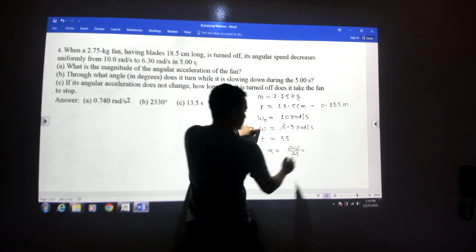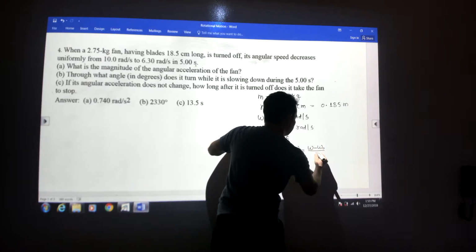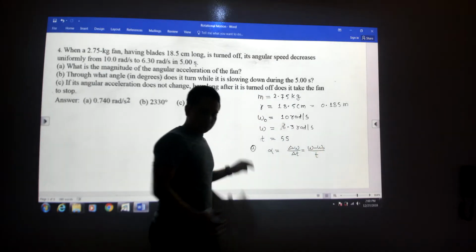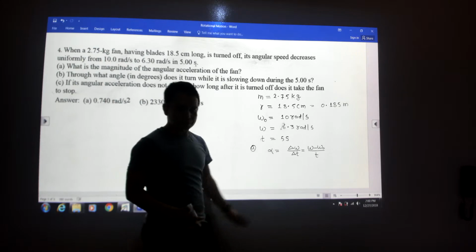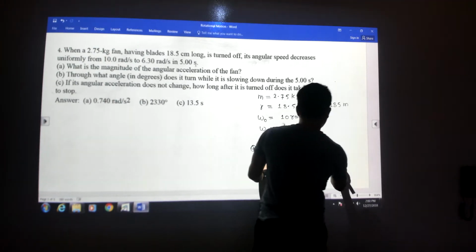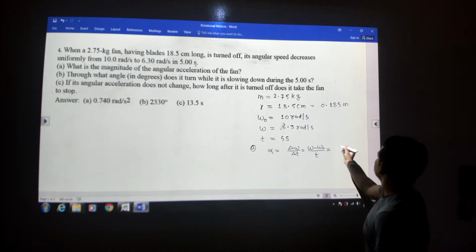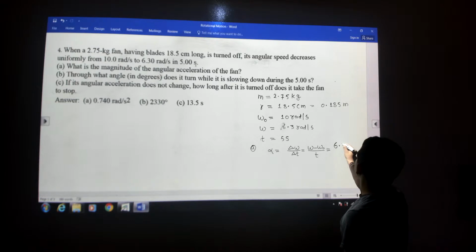So this is omega minus omega naught over the time, because we always start from time t equals 0. So that's why this is the time, the t. And then plugging in all the numbers here, 6.3 minus 10, the time is 5 seconds.